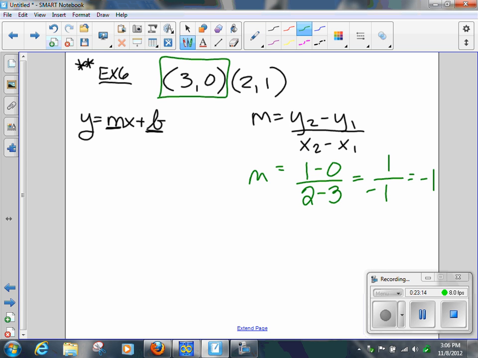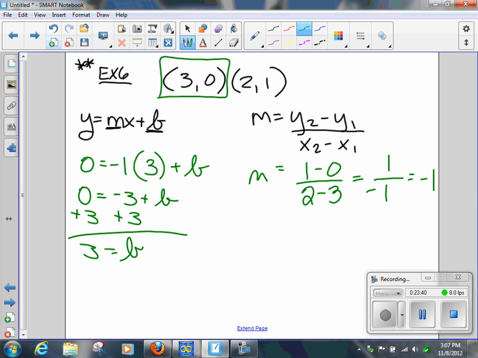All right, so we're going back to y equals mx plus b. What's our y, folks? There we go. What's m? Negative 1 times 3 plus b. You're saying add 3 to both sides.